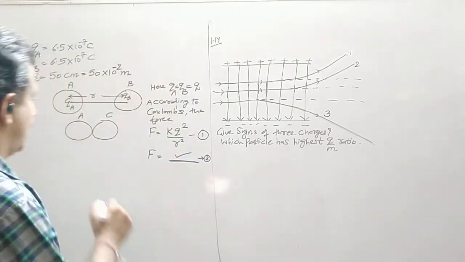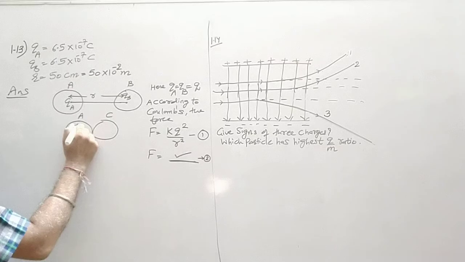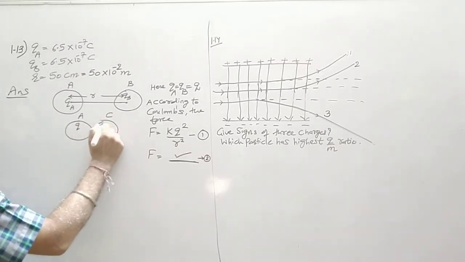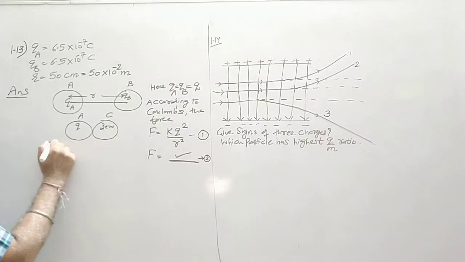So initially A has Q charge, C has 0 charge.